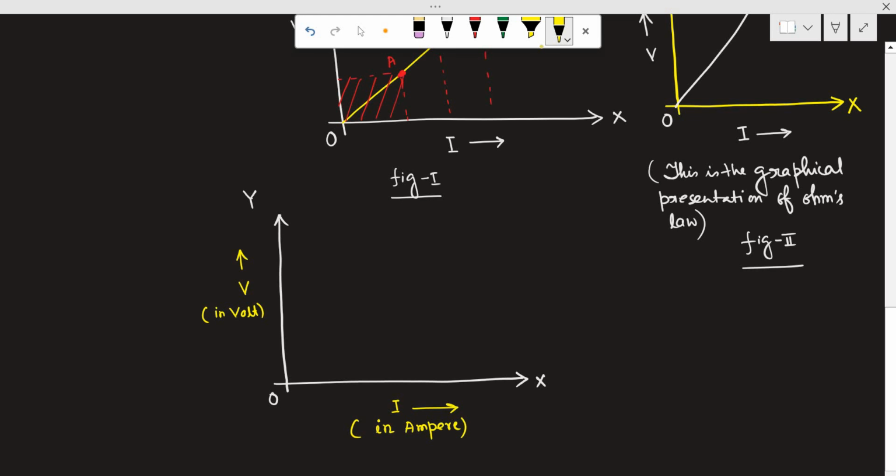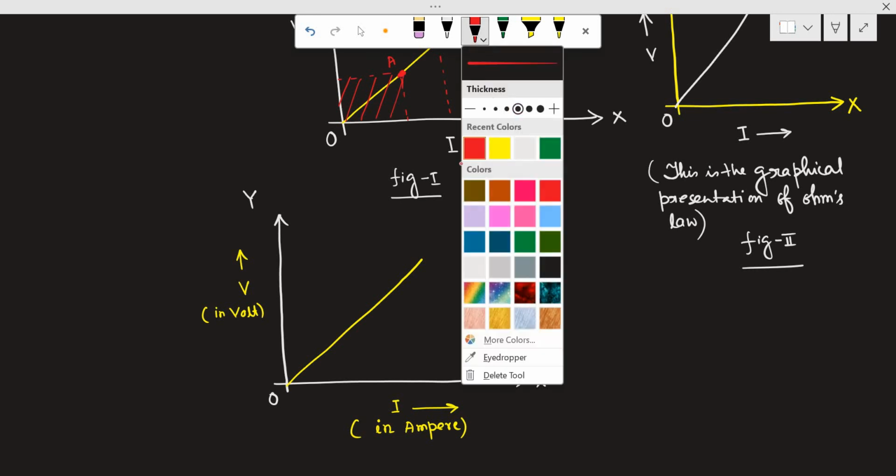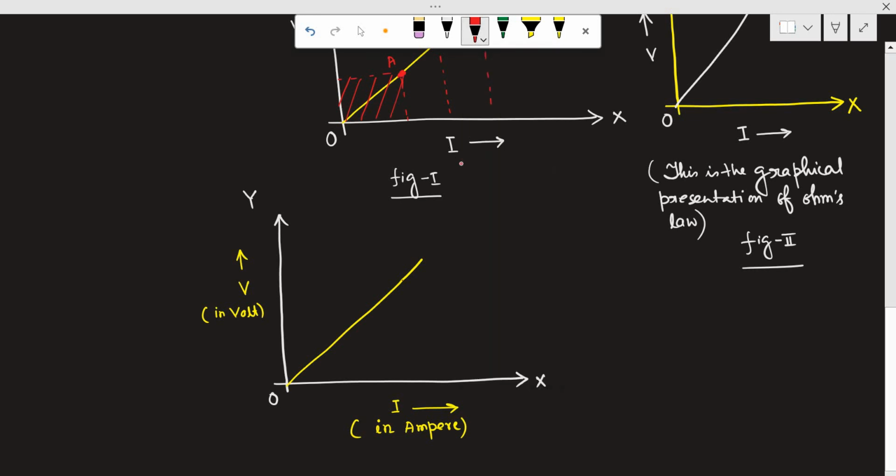So let us draw a straight line passing through the origin. Now I am going to draw a line from that point on the x-axis, and I am labeling these two points.